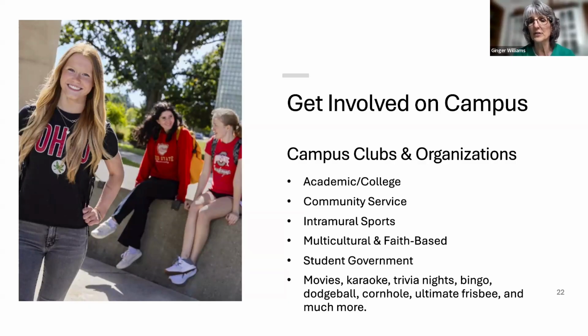So the most interest is what they're going to find for those intramural sports that year. Again, multicultural and faith-based groups, our student government, which would be similar to like student council that your school might have. And then there's lots of different nights or days that we have as well throughout campus. When school started back in January, we had a winter carnival.